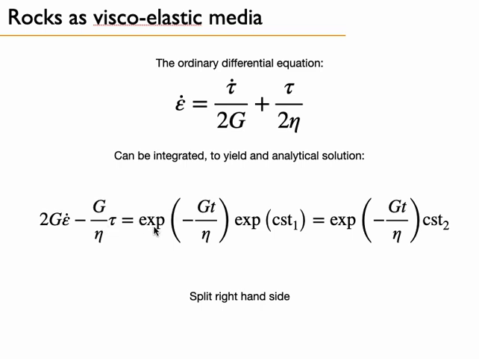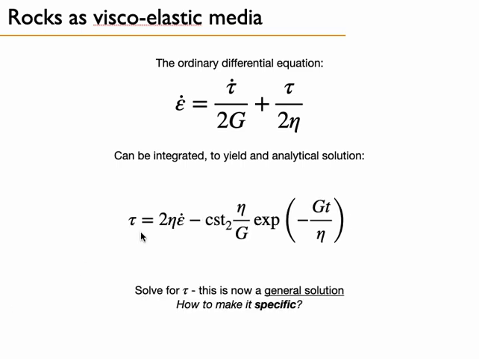So you can formulate exponential minus g t divided by eta times exponential of the constant 1. Let's rename exponential of constant 1; we just call it constant 2. So we now have 2g strain rate minus g eta times tau is equal to exponential minus g t divided by eta times the constant.